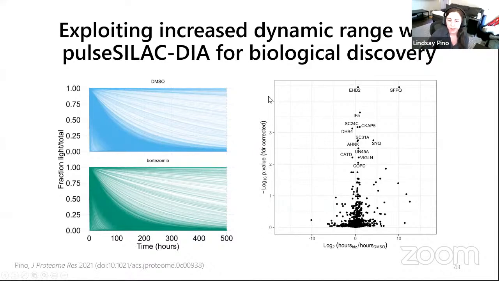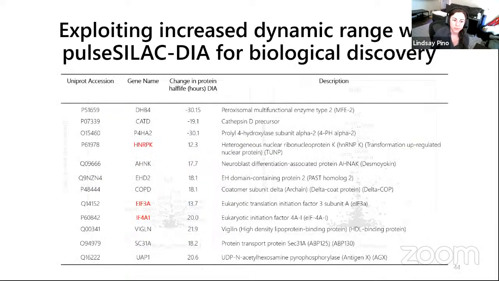And then we get these p-values. So if we look at the statistically significant differences in turnover, we get this handful of proteins that are being differentially turned over under bortezomib treatment. If we look up some of these proteins, they cover a range of protein half-life values.